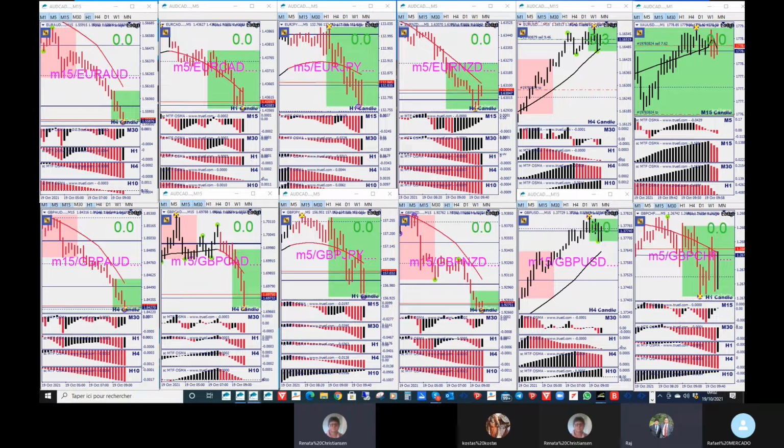Pound rebounded. But they all seem to be forming a low of the session except for the pound CAD.